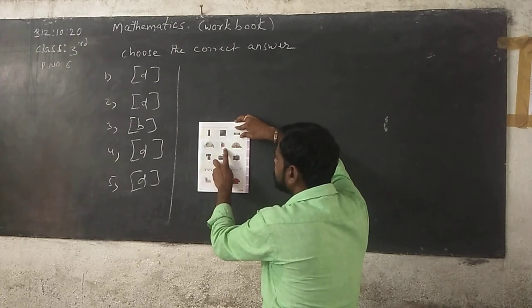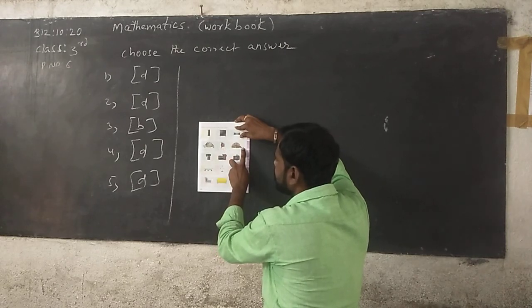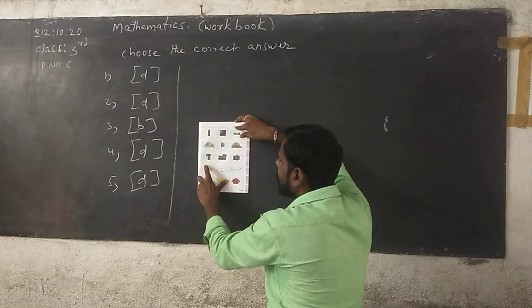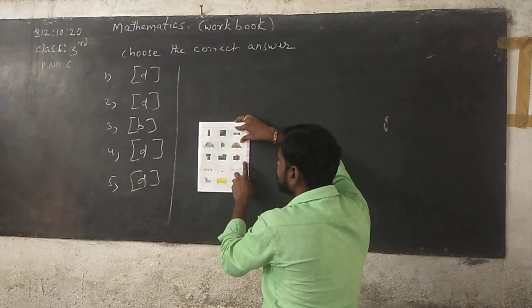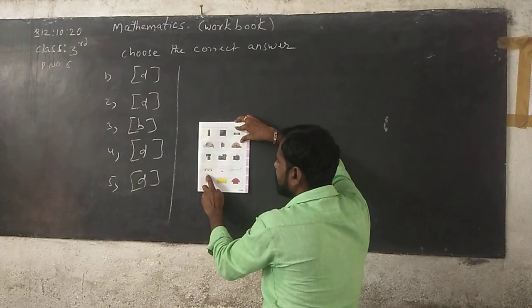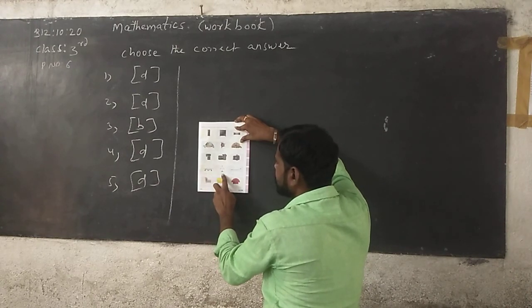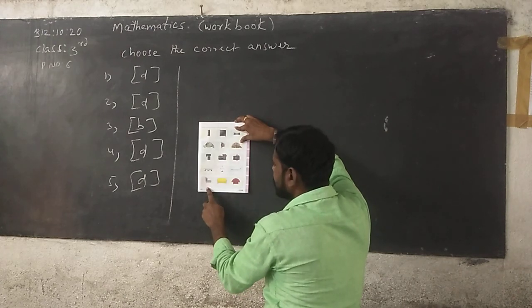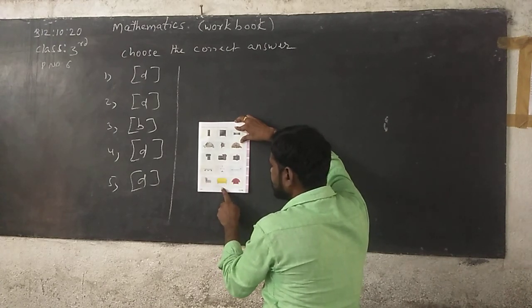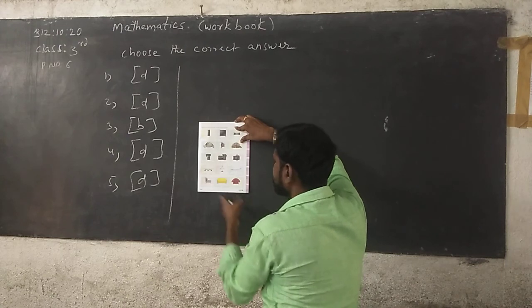This is top view and this is front view. Next, camera, this is top view, this is side view and this is front view. Aeroplane, this is front view, this is top view and this is side view. So chair, this is side view.